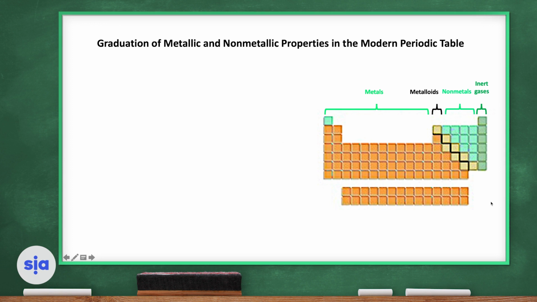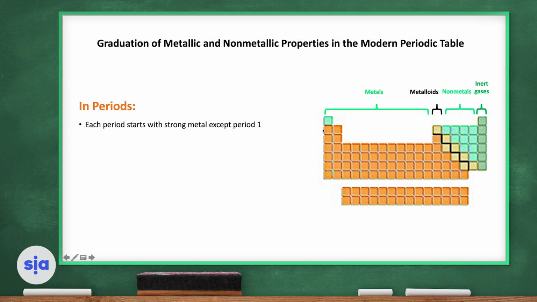Look at this picture. If we are transferring between elements from the left side to the right side, we will start with metals and then go to metalloids, and then the non-metals start, and at the end we reach the inert gases. In periods, each period starts with a strong metal except period 1.